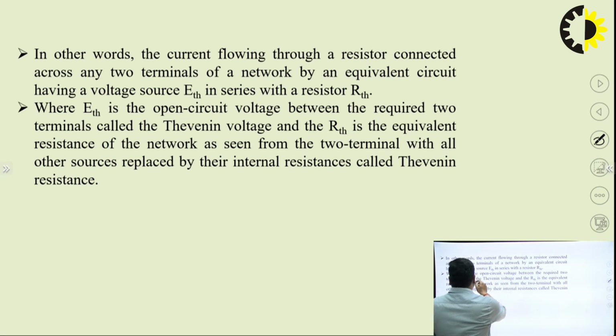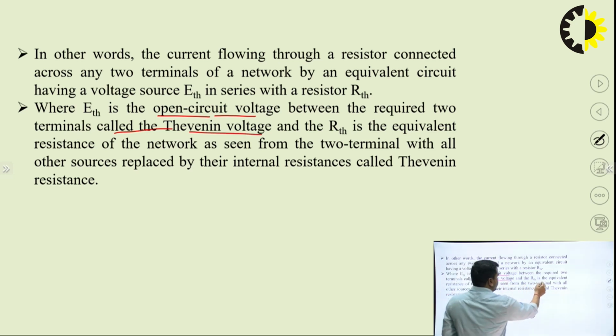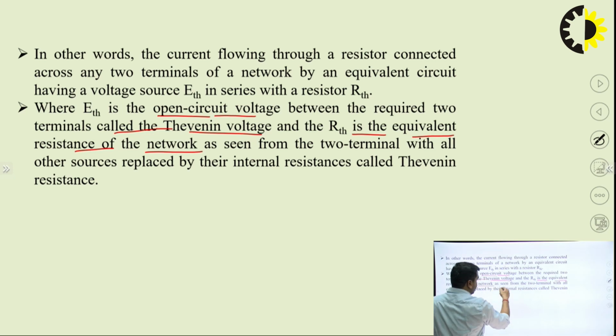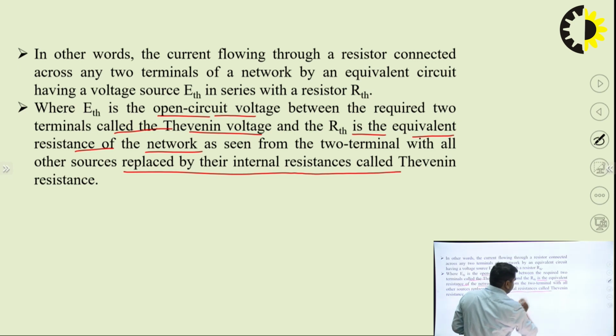It is well said that the open circuit voltage between the required two terminals is called the Thevenin voltage, and RTH is the equivalent resistance of the network as seen from the two terminals, that is the load terminals, with all other sources replaced by their internal resistances. That is very important.